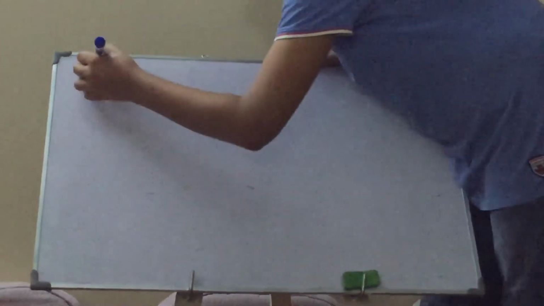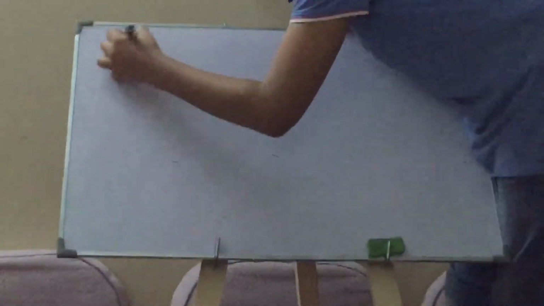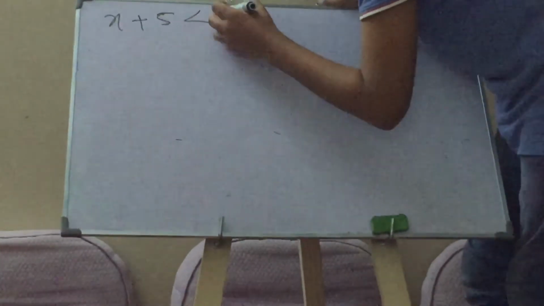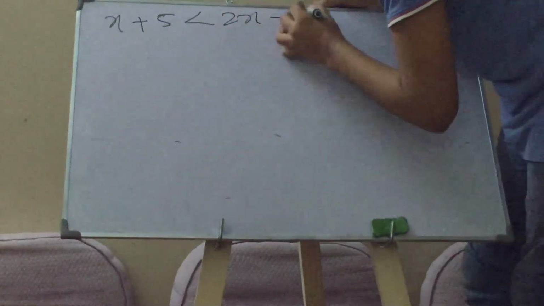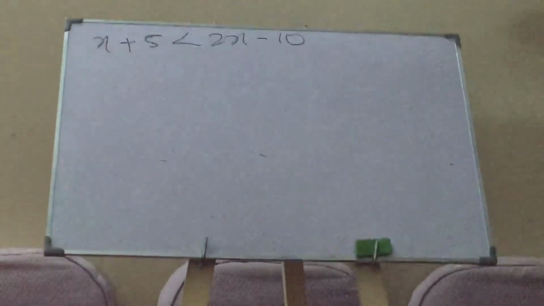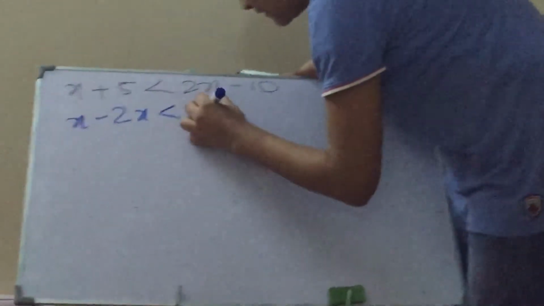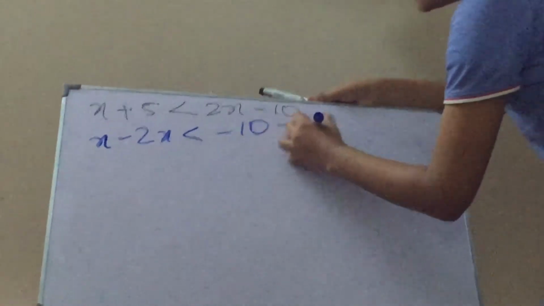The question is x plus 5 and 2x minus 10. You will solve like this: x minus 2x is greater than minus 10 minus 5.